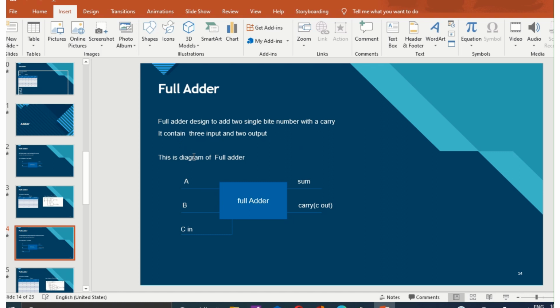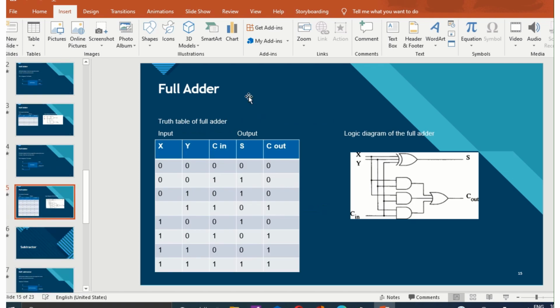The 3 inputs are A, B and C in. This is a diagram of the full adder. Now we are seeing the truth table of the full adder. This is the truth table of the full adder. This is the logic diagram of the full adder.